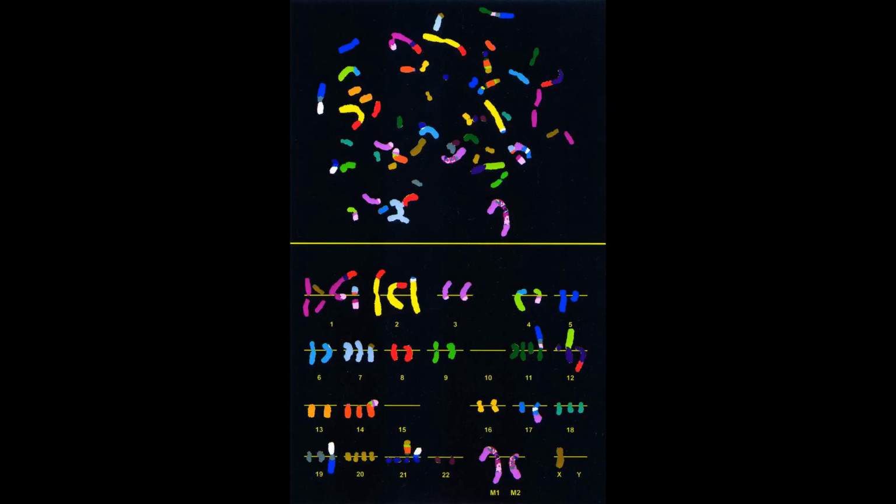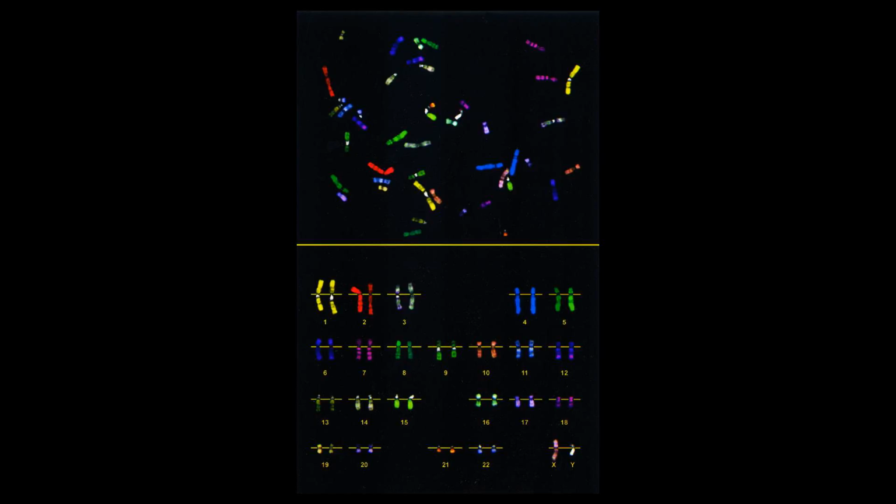Humans have FN equals 82, due to the presence of 5 acrocentric chromosome pairs, 13, 14, 15, 21, and 22. The fundamental autosomal number or autosomal fundamental number, FNa or AN, of a karyotype is the number of visible major chromosomal arms per set of autosomes.